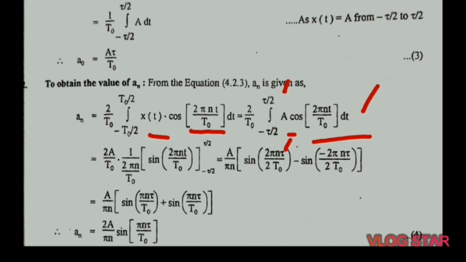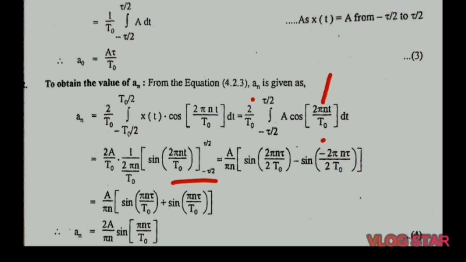After that we calculate the integration of the cos term. As we know, the integration of cos(omega t) is sin(omega t) divided by omega. So the integration of cos becomes sin(2 pi nt divided by T0) times 1 upon the omega value, that is 2 pi n divided by T0.